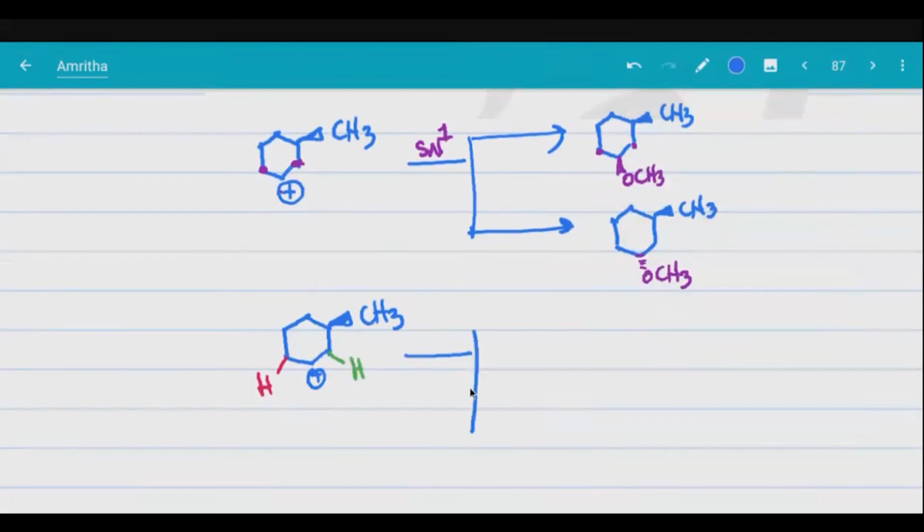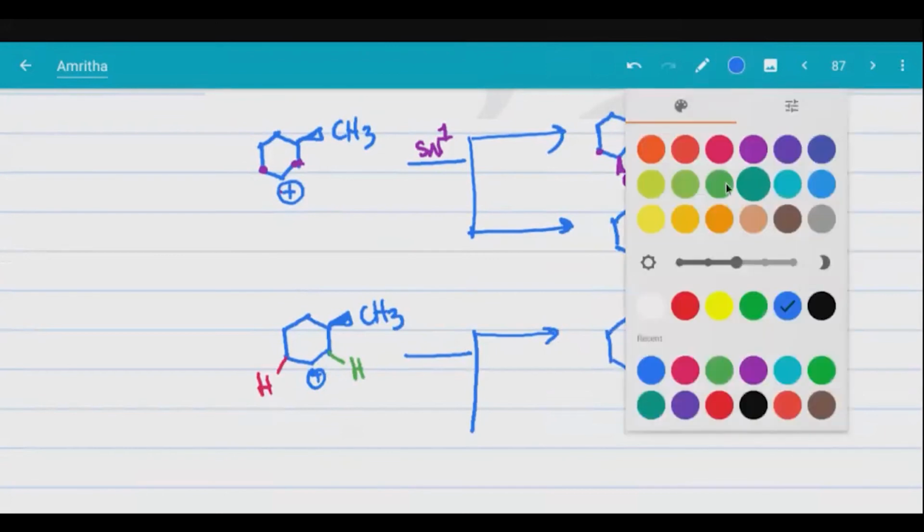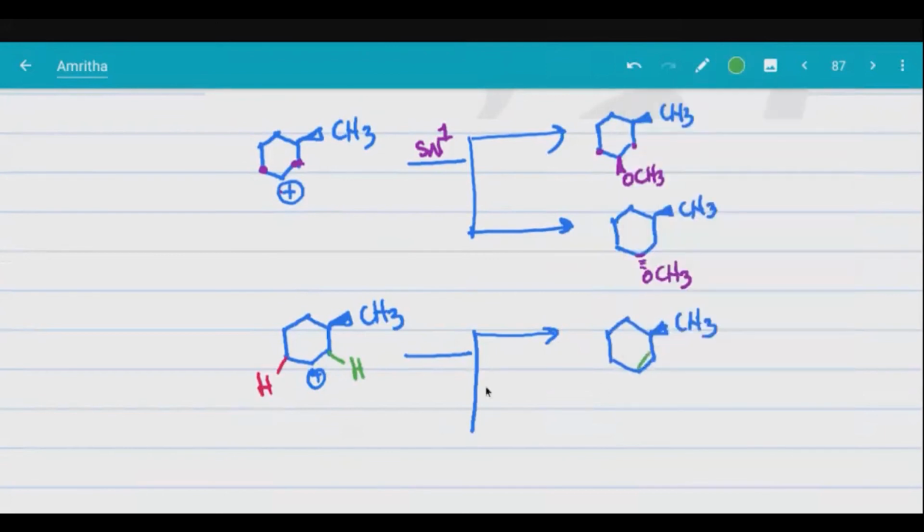Okay, only adjacent hydrogen. So this is CH3, and there is a double bond over here, the green one, and the red hydrogen is as it is. And see this.